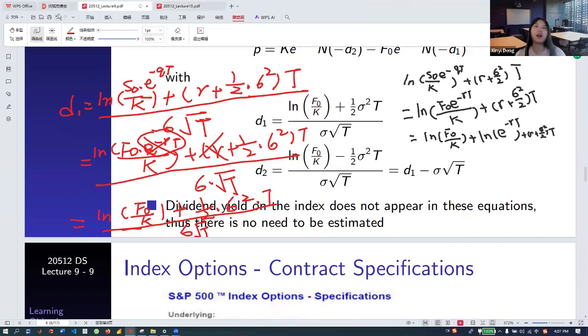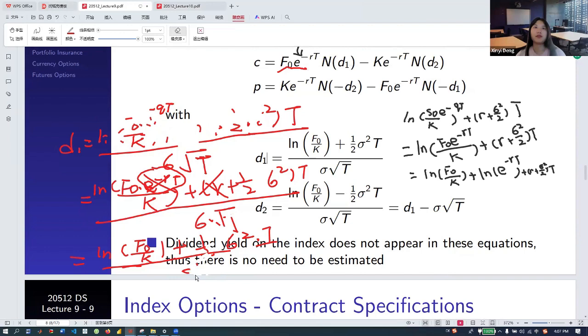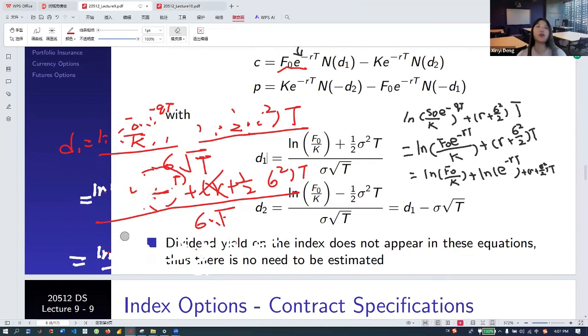Now, let me get rid of that. If you utilize this version of the Black-Scholes model to do the valuation, you basically don't need to estimate the dividend yield.